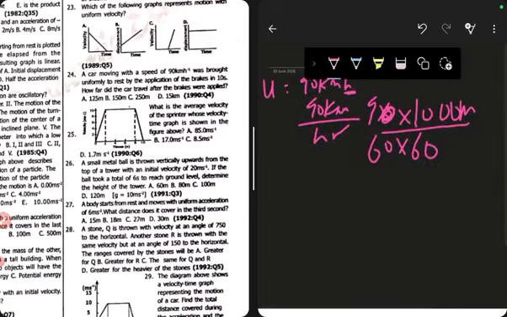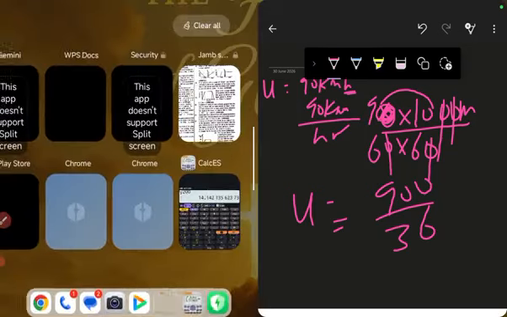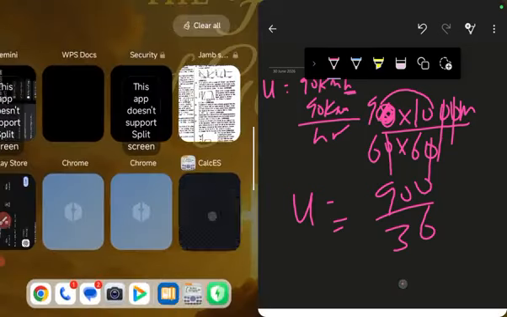The zeros cancel. Nothing cancelled its own zero, so 90 times 10 is 900 over 36. So let's calculate that: 900 over 36.